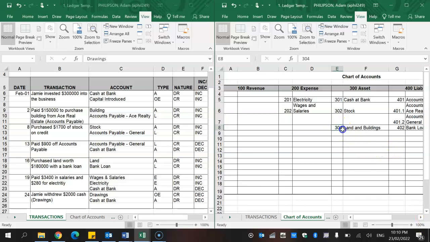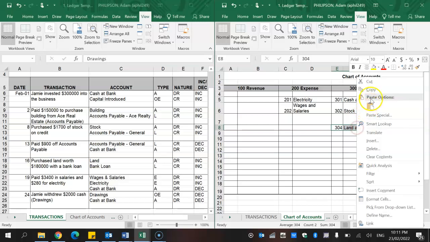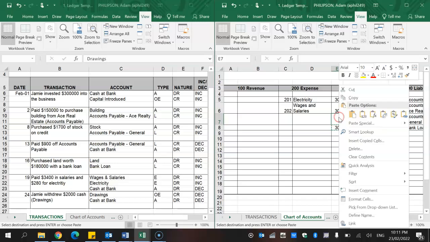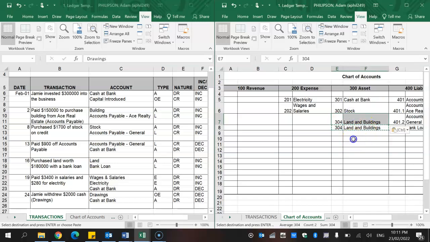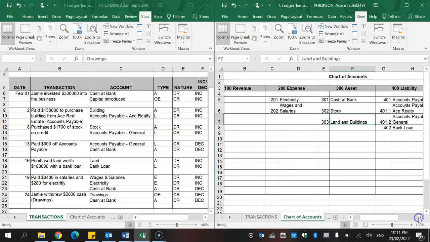What I'm going to do is copy and paste land and buildings up a little bit, because we didn't end up with any other assets. I'm going to change land and buildings to 303 just to keep things in order. Okay, hope that doesn't confuse the issue too much.